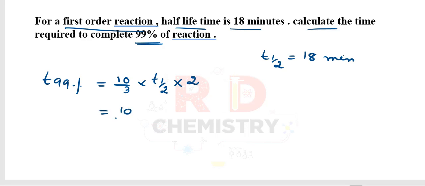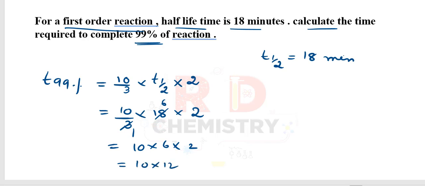So it is 10 by 3 into half-life 18 into 2. So 3 sixes are 18, so it is 10 into 6 into 2, which is 10 into 12, so it becomes 120 minutes, right?